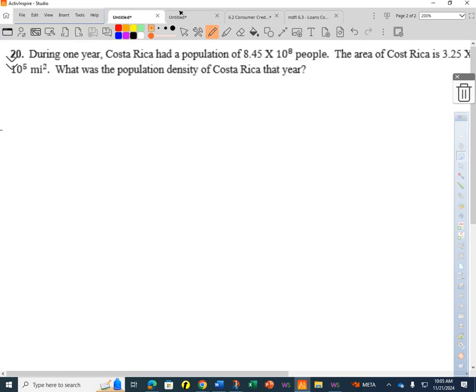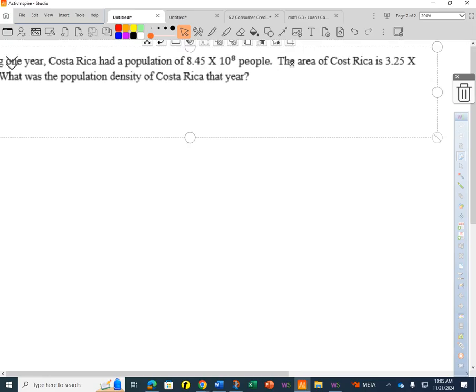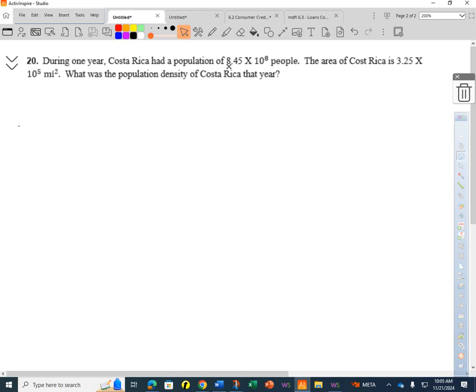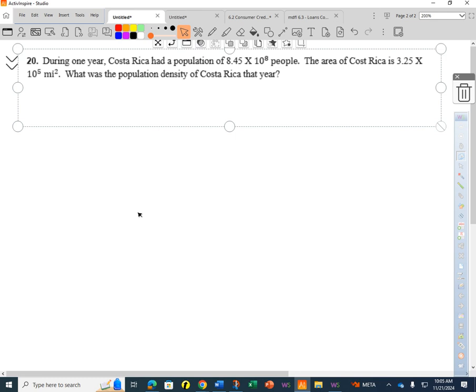So during 1 year, Costa Rica had a population of 8.45 times 10 to the 8th power of people. Any idea how many people that is? Do this on your calculator. Do 8.45 times 10 y to the x 8 equals. What do you get? 845. So maybe we have to put parentheses around something.